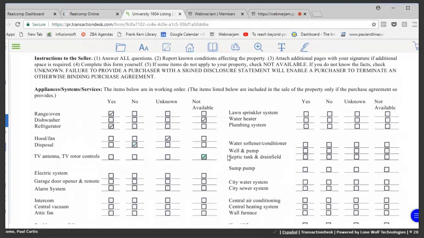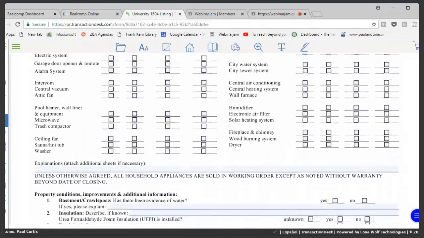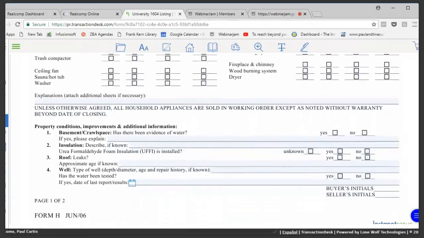And of course, go through all of these other ones. We won't go through them line by line, but go through all of them with your seller. Any explanations here, or like it says, another sheet if necessary. Usually it's not. I've never had one where it was necessary. All right, then they have to go through and answer these questions. Basement, crawl space, has there been evidence of water?